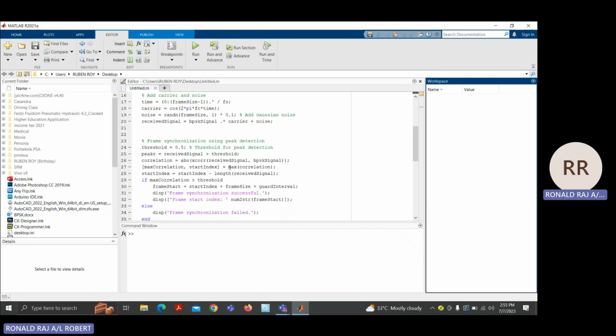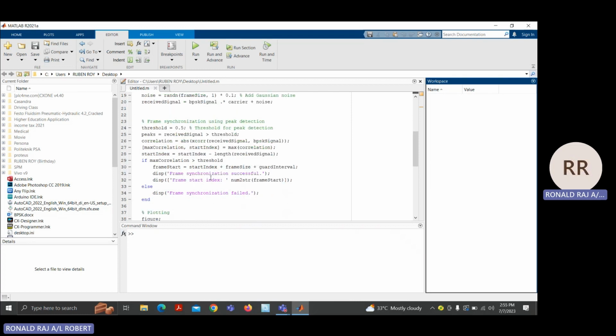The absolute value of the cross correlation is taken to emphasize the peak detection. The maximum correlation value and its corresponding index are obtained using max correlation and max index, and start index equals max index minus the length of the received signal.